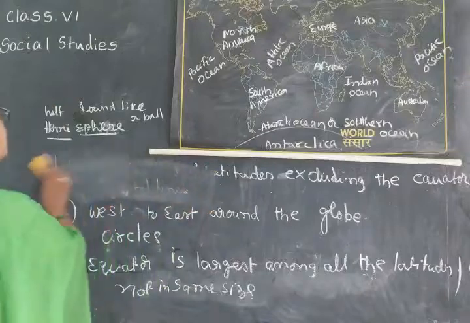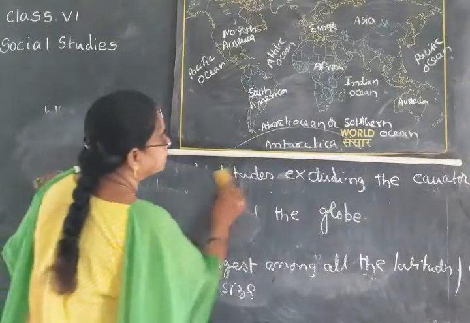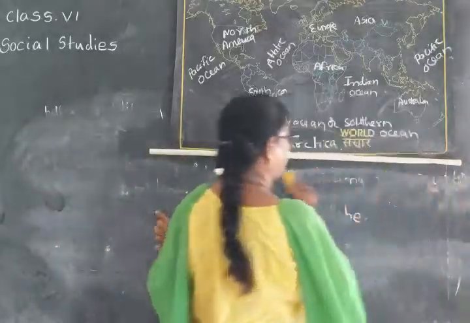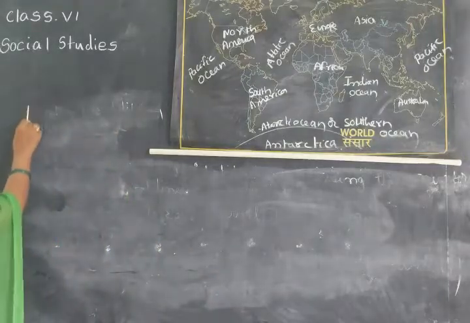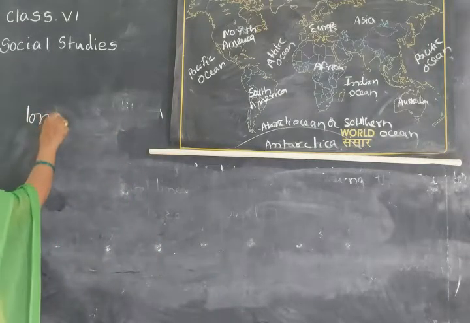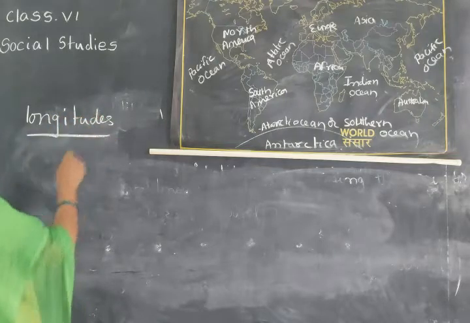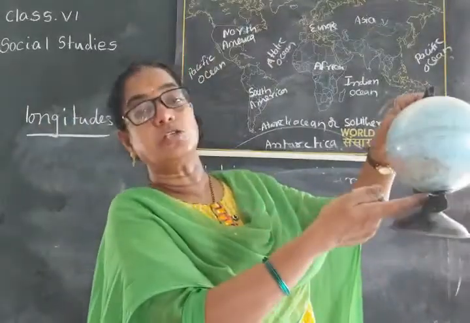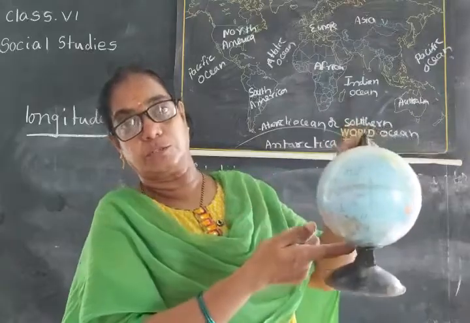Next one is longitudes. We learned about the latitudes, and next is longitude. Longitudes are drawn from the North Pole to the South Pole. They all meet at the North Pole and South Pole.